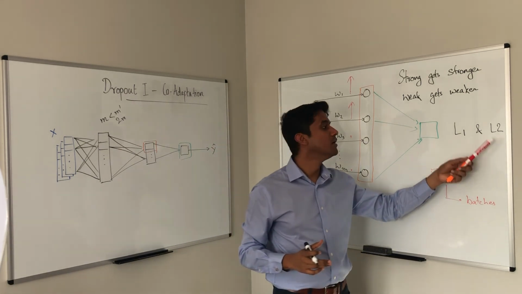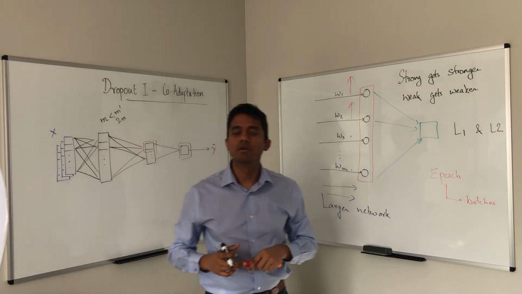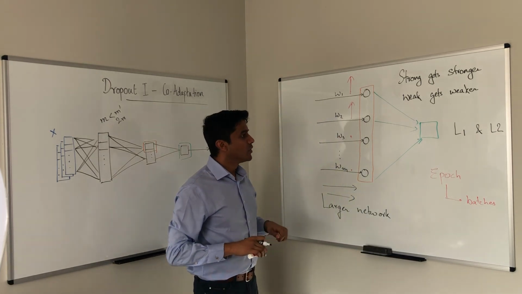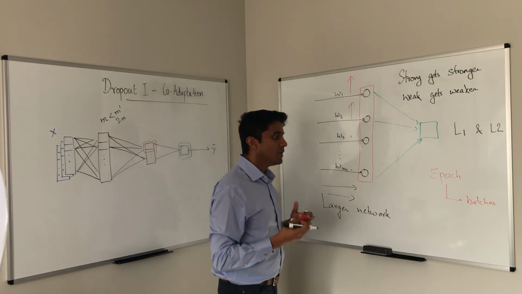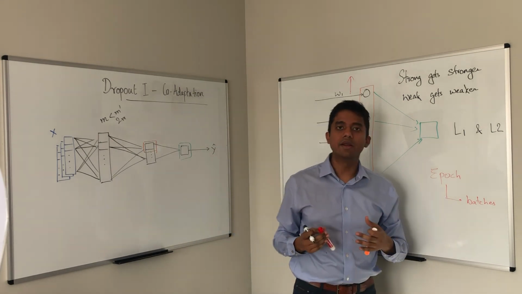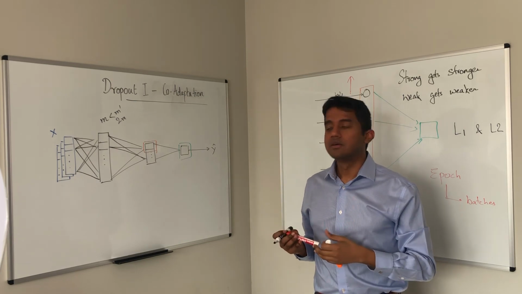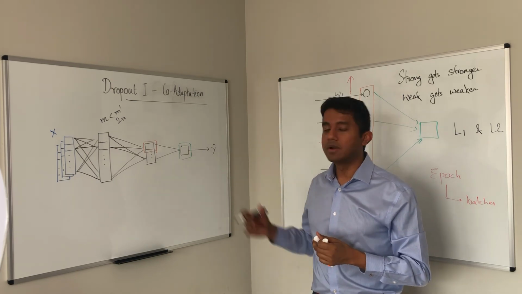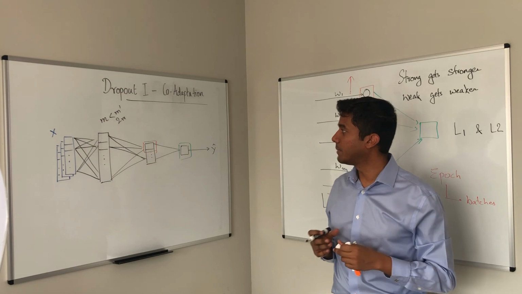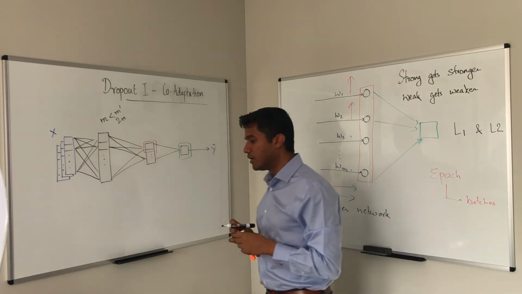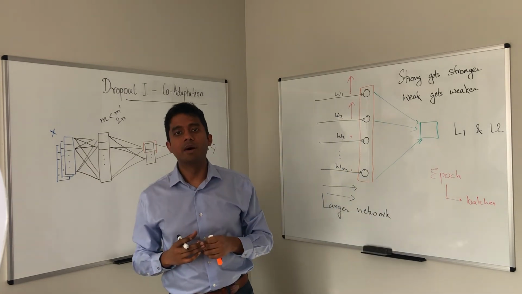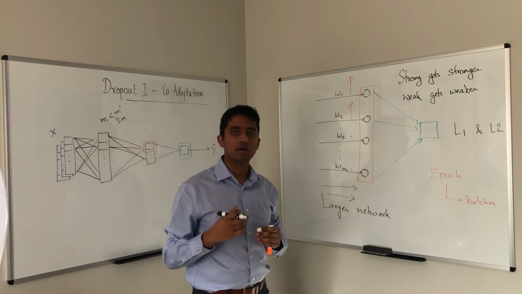And the same thing will happen with L2. So all in all, co-adaptation became a major issue. It limited our ability to leverage the power of deep learning models by expanding their size, which was later addressed by Dropout, which we are going to learn in the next part.